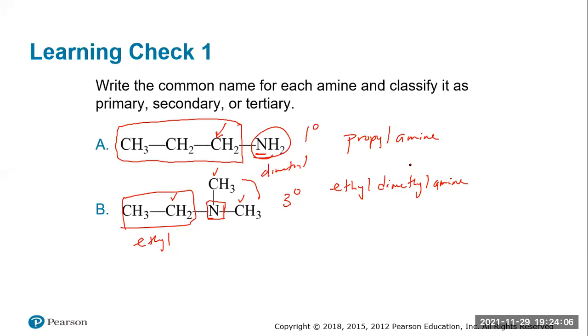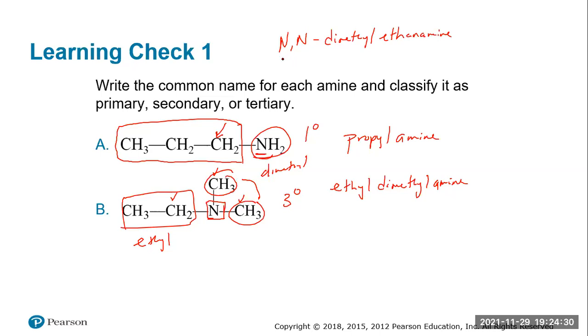The IUPAC way of naming it is you'll sometimes see N's listed in the name, like N,N-dimethylethanamine. And what this means is the groups here are attached to nitrogens, not carbons.